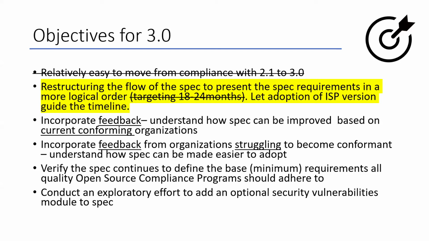We follow a similar rigorous process. We say these are the steps that you need to do. You need to understand the license. You need to understand what the obligations are, and you need to demonstrate that you can fulfill those obligations.